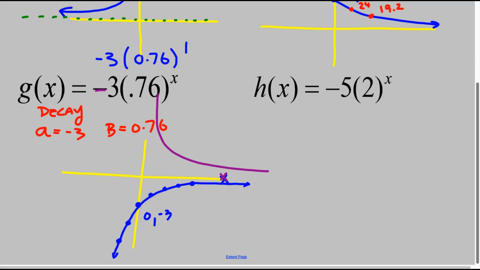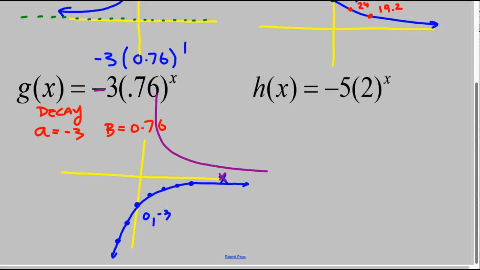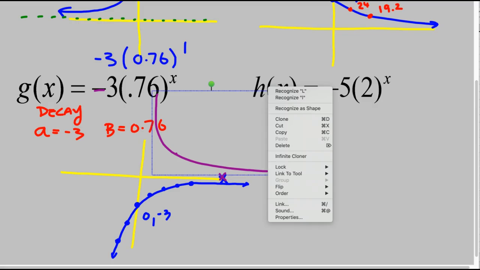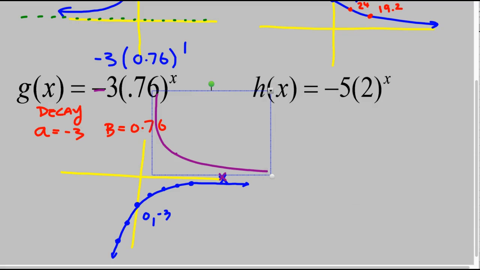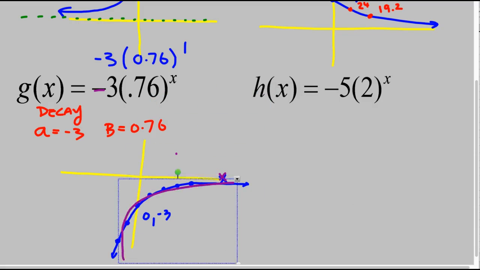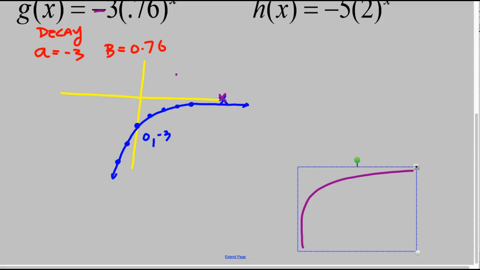It's like a reflection. Know what I mean? If I take this value here and I flip it up and down, it's going to be like that one, kind of. So you can think of it as a reflection.